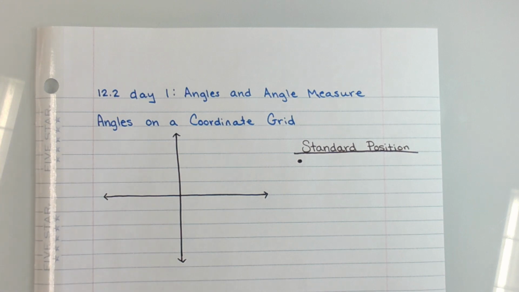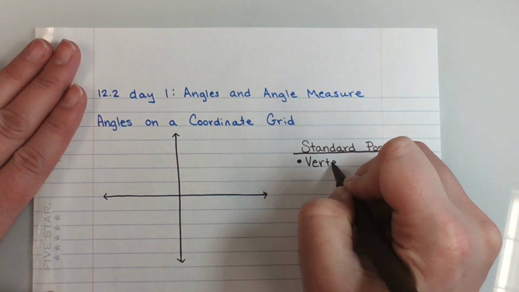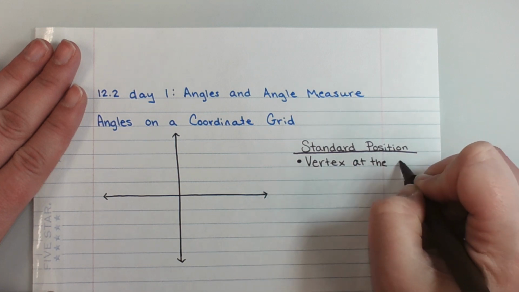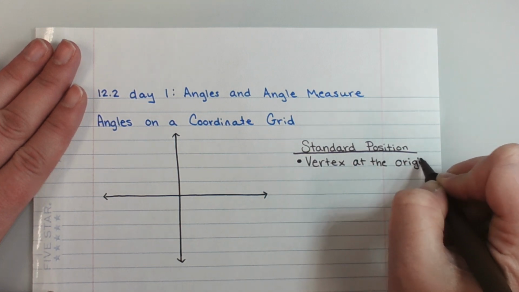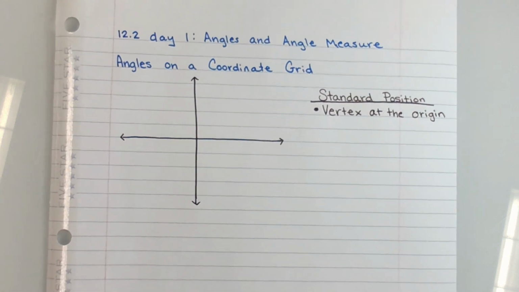First off, an angle in standard position has its vertex at the origin. What's the origin?